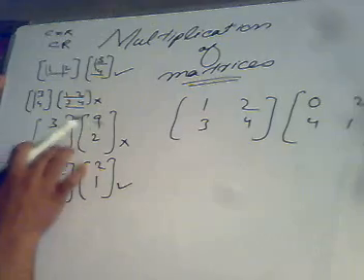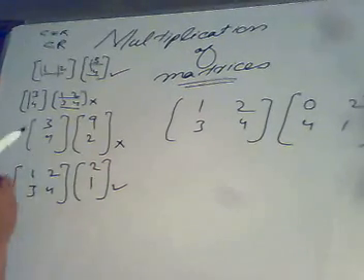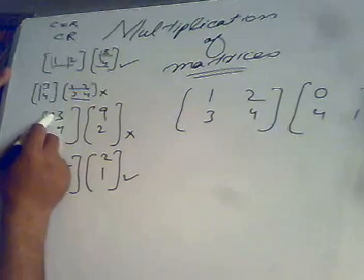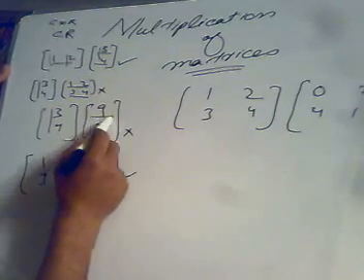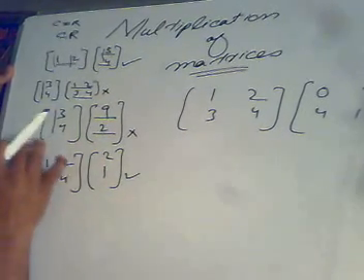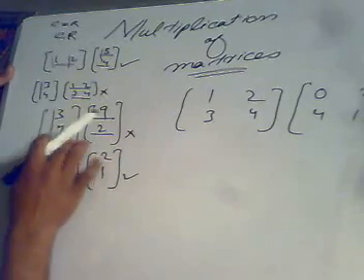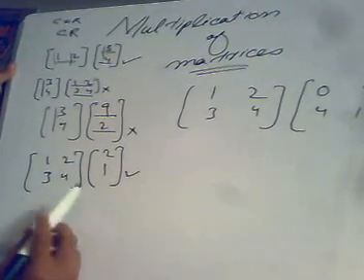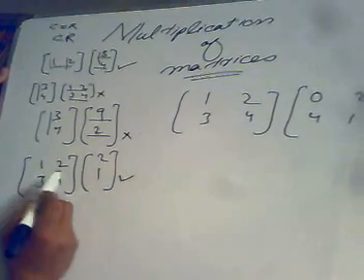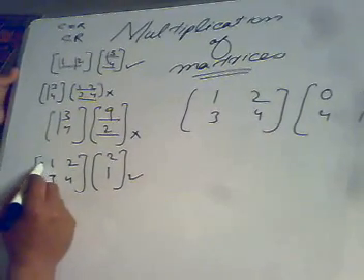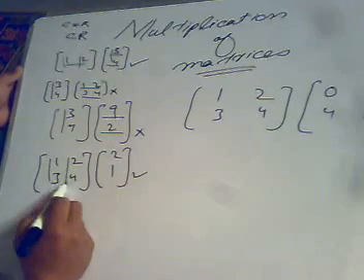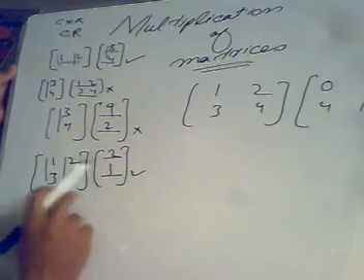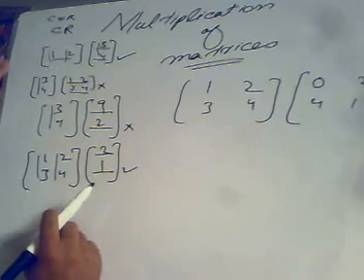In the third example we have different matrices, and here the number of columns is 1, and again the number of rows is 2, which is not equal, so we cannot perform multiplication in this case also. In the last case, the number of columns is 2, and the number of rows is also 2, so we can perform multiplication.